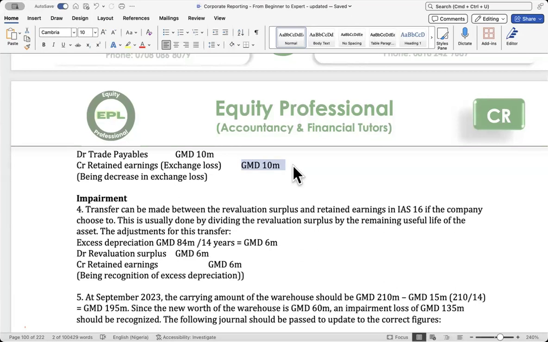No, it should not be 12.5, it should be 2.5. So I credit it to reverse that by 10 so that it's really 2.5 that is reflecting. Then, of course, this loss will impact our trade payables. They will have credited trade payables to bring it up to the new figure. So I debited my trade payables by the same amount just to bring it down to 2.5.